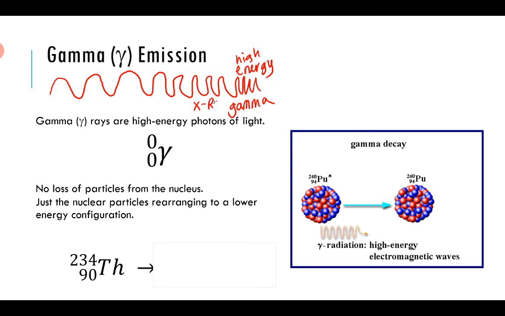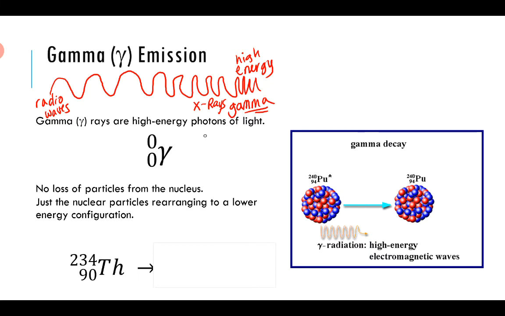And then we had X-rays, and down at the other end of the spectrum we had radio waves. So you might remember the electromagnetic spectrum. Gamma rays we've actually seen before as part of our electromagnetic spectrum.